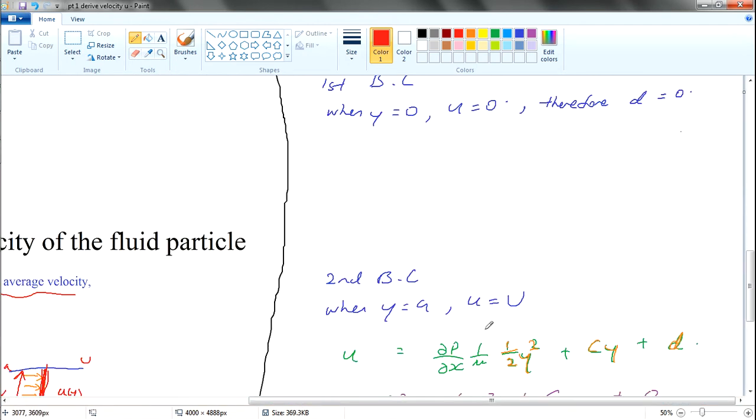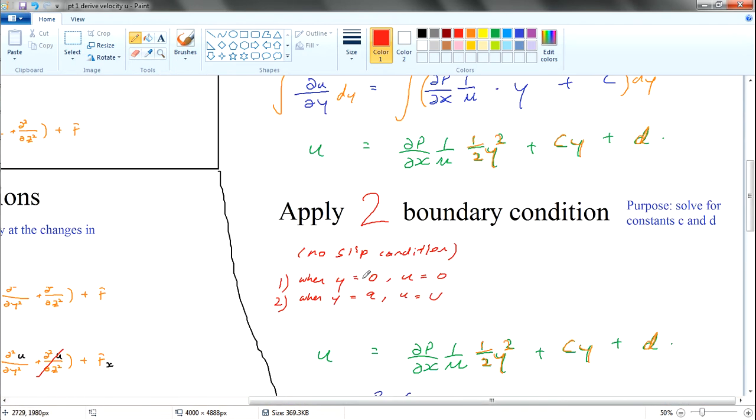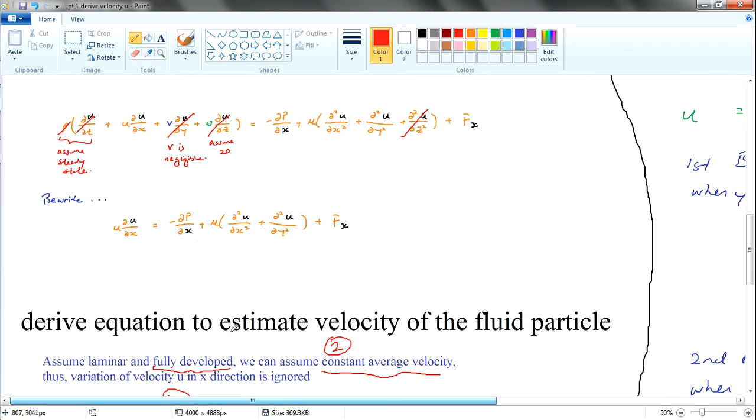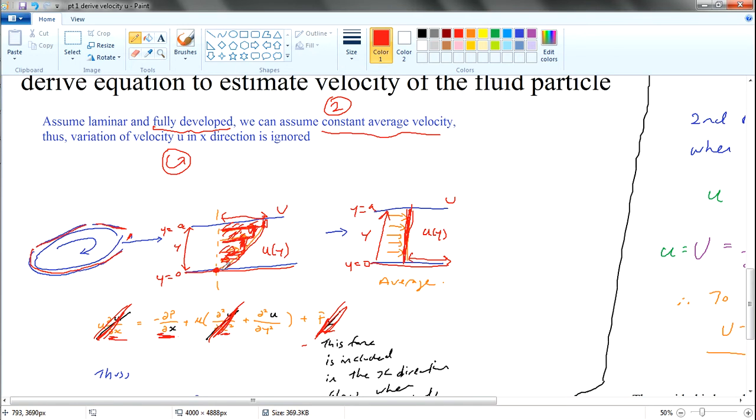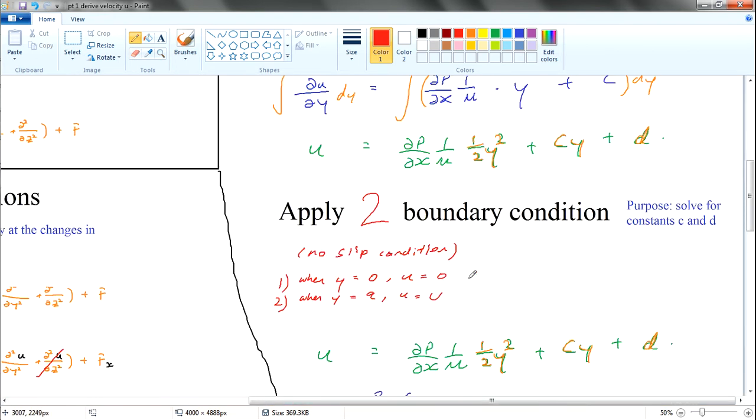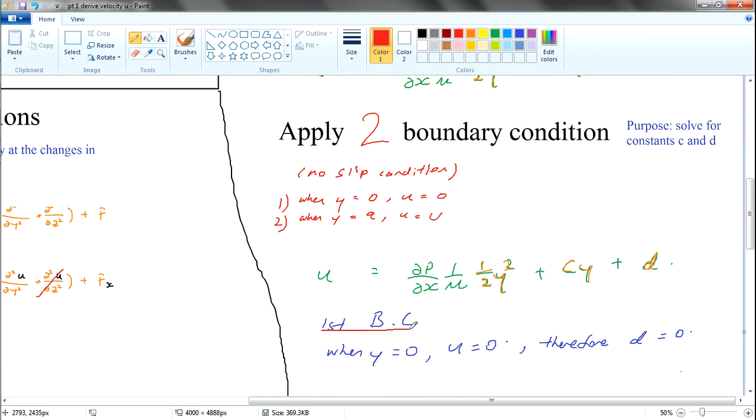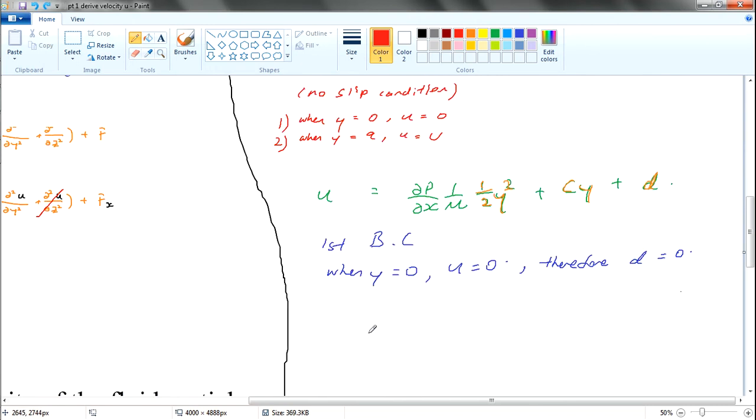If you remember, we talked about the boundary conditions. When y equals 0, u equals 0, so the speed here is 0. When y equals a, the velocity over here is the same as the plate itself. So we can apply the first boundary condition first. Typically when you apply boundary conditions, make sure you apply all the things that are zeros first.